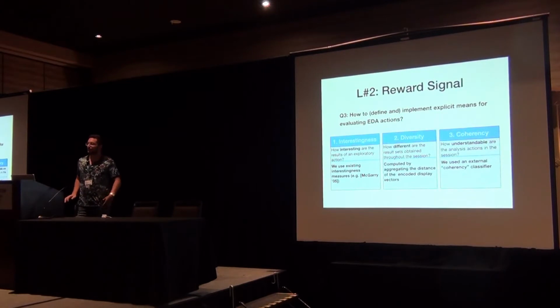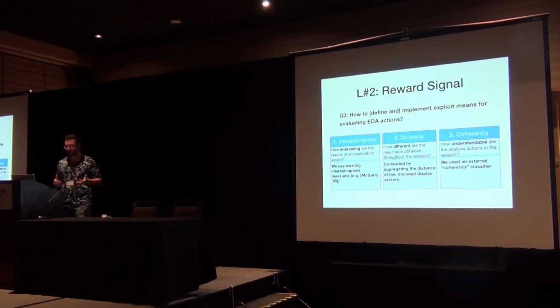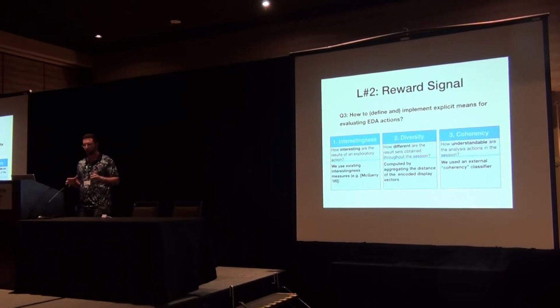The second part was designing a reward signal, where the task was how to define and implement an explicit means for evaluating exploratory actions. It doesn't exist as far as we know. We will not go into much detail here, but we wanted the actions that the agent generates to be, first of all, interesting, so it should produce interesting result displays. Second of all, it should create diverse result sets in order to capture several aspects of the data, not just one.